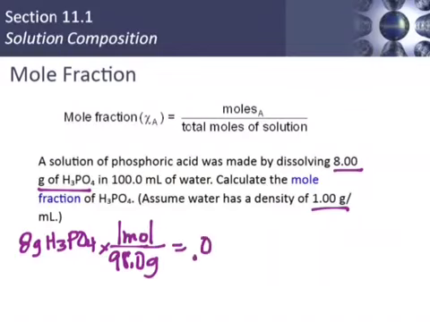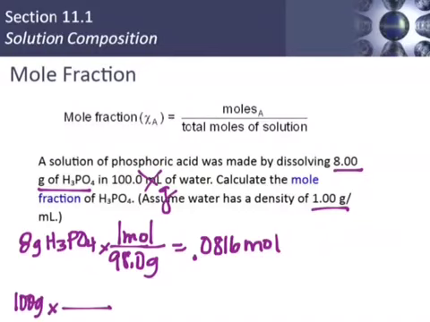I get 0.0816 moles of H3PO4. Then we also have 100 milliliters of water, so we're going to assume that this is 100 grams of water. We need to convert that to moles. So 18.02 per 1 mole gives me 5.55 moles of water.